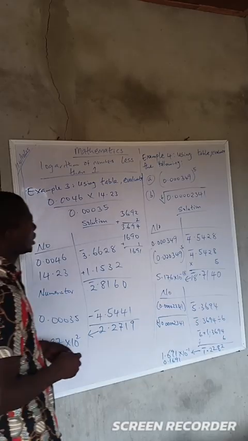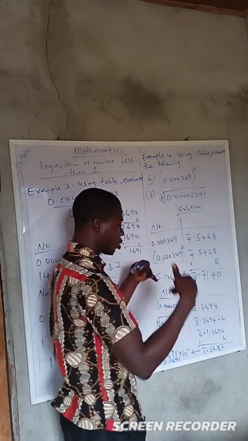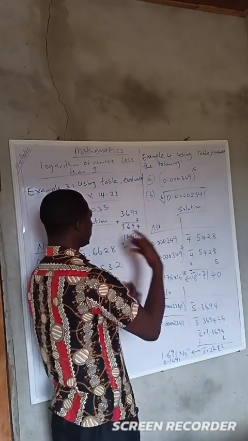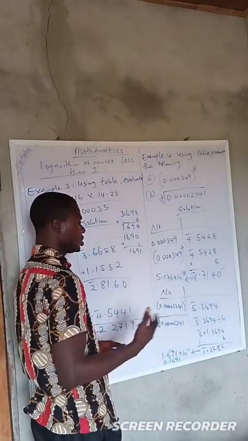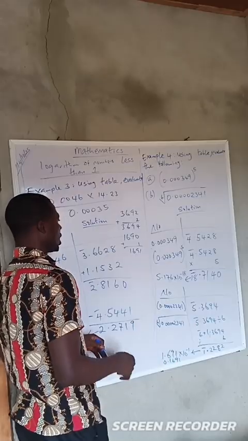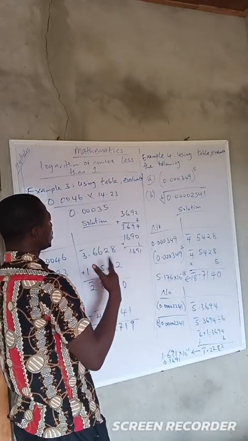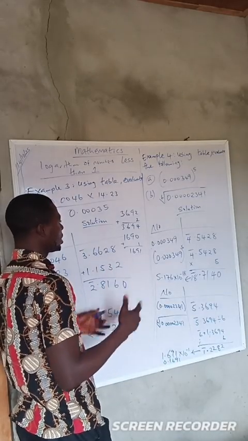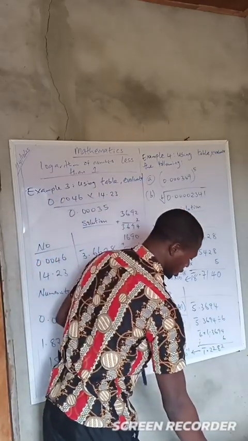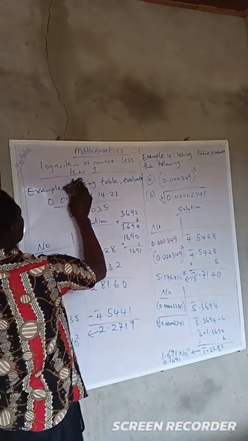Now I'm going to take one more question that will contain the multiplication and the division, the powers and roots. So I'm going to take a question that will contain everything.